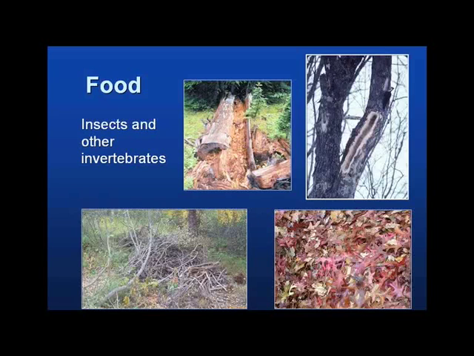In the upper right-hand corner, we've got a dead tree that's standing. We also call those snags, S-N-A-G, snag. There's a pileated woodpecker just above the drilling that you can see on that tree, and that's pileated woodpecker drumming, marks where it's been foraging for insects on the tree.